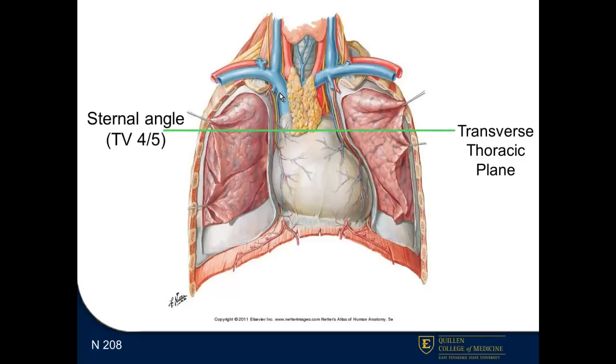And if we put a line here, you can see about where the transverse thoracic plane would be located. So we're going to be looking at the area above this transverse thoracic plane, between the mediastinal pleura, and inferior to the superior thoracic inlet.